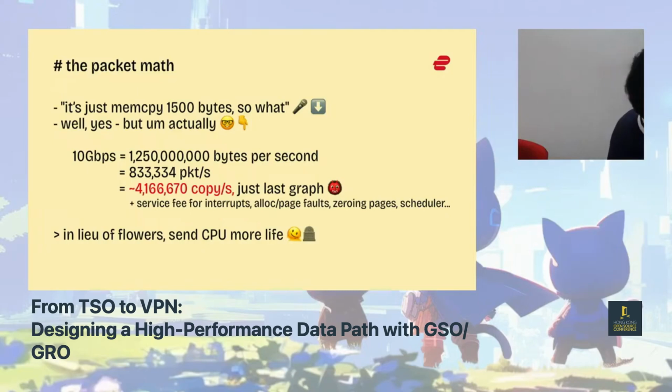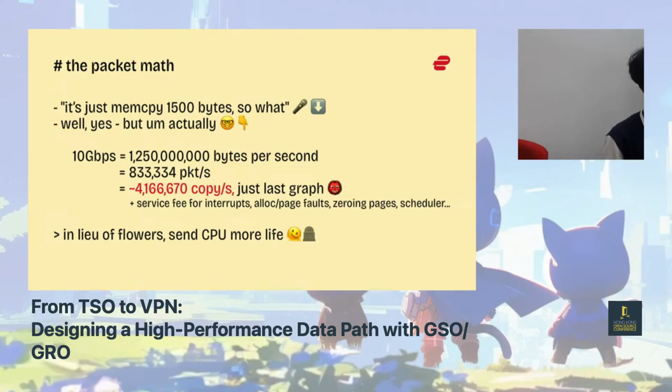That is like 800 kilopackets a second, and that will be 4 million copies by the previous graph. And that is before even calculating all the things that account for interrupts, page faults, zero pages, whatever. So you're essentially wasting a considerable portion of CPU cycles just on copying this.